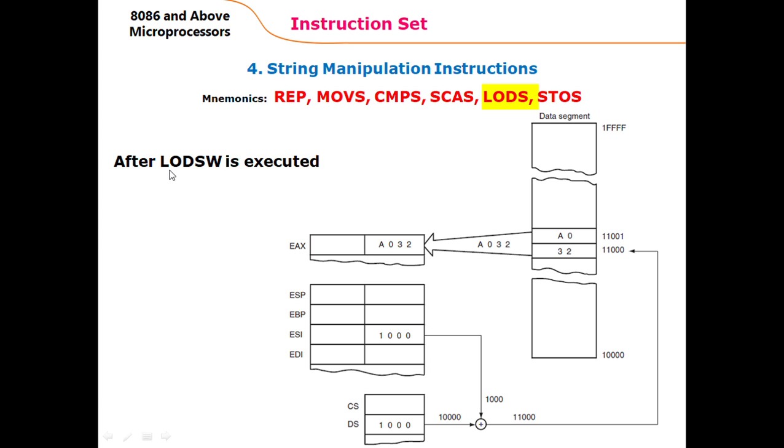So this instruction loads 16-bit data, or 1 word of data, from the data segment memory location addressed by the source index register at that time, and the data is loaded to accumulator AX. Because it is a word instruction, it copies 16-bit data from the memory to a 16-bit register, which is AX. So it is EAX, but the AX part is updated.